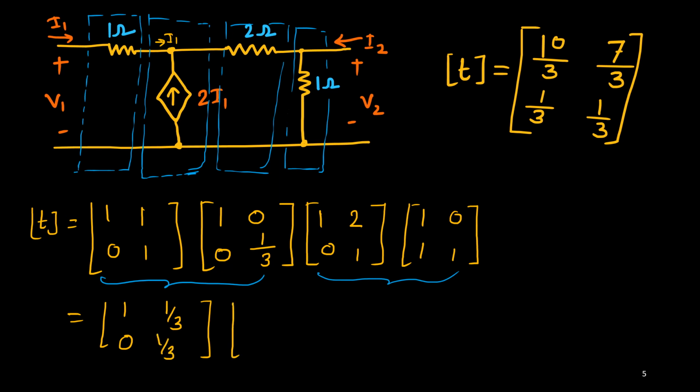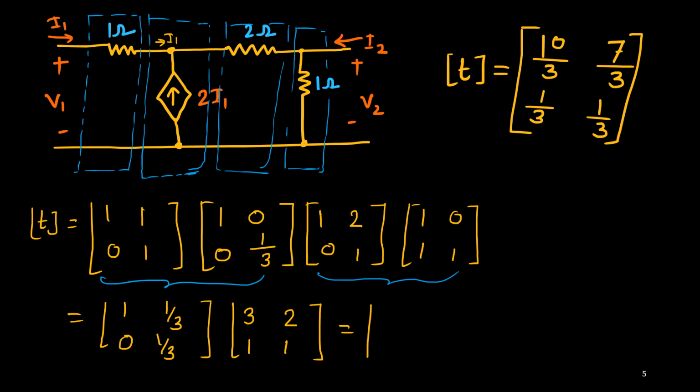Next, these two. So 1 into 1 is 1, 2 into 1 is 2, so 1 plus 2 is 3. Then this one is 1 into 0 and 2 into 1, so 2 plus 0 is 2. Next, 0 plus 1 is 1. Then 0 into 1 is again 1.